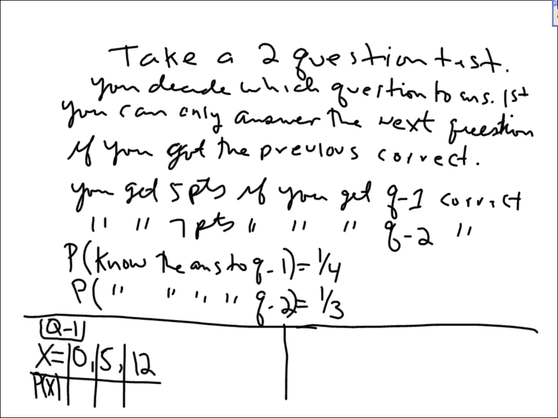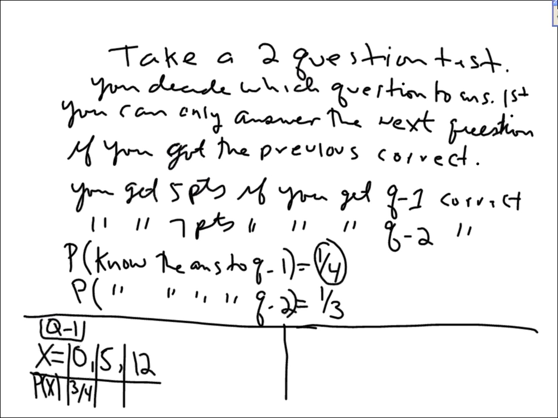If x is 0, that means you got question 1 wrong. Well, the probability that you know question 1 is 1/4. We'll assume that if you know it, you'll get it right. The probability that you get question 1 wrong is 3/4.